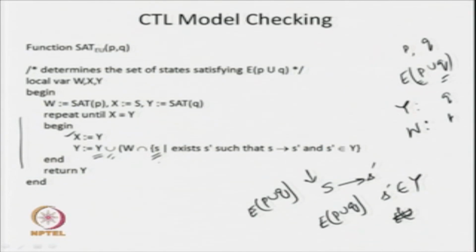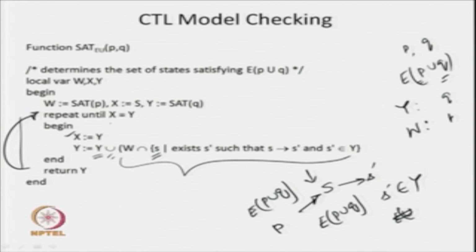The second condition is that in S, P must be true. So, whatever states we are collecting, along with that we are intersecting with W, the set of states where P is true. Whatever states we get here, we append to Y, and we go back to the repeat statement.